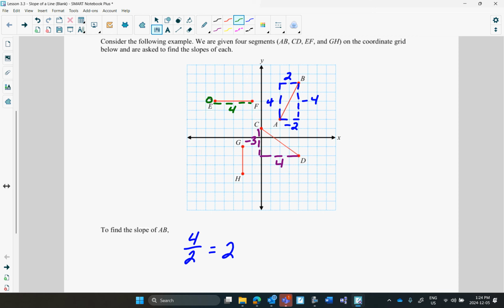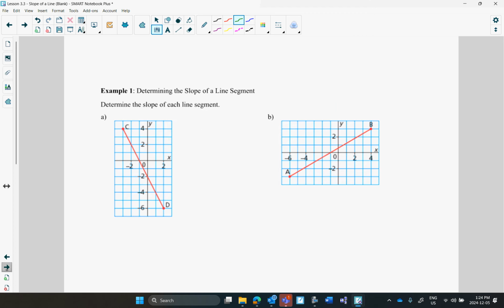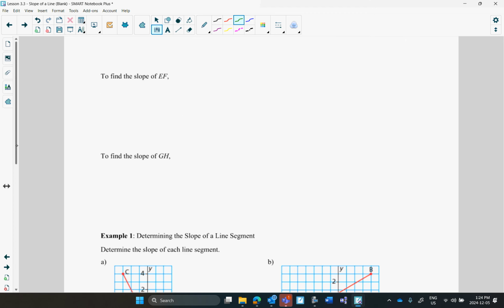So it's 0 rise over a run of 4. Which means 0 over 4 is just plain old... What's 0 divided by 4? 0.